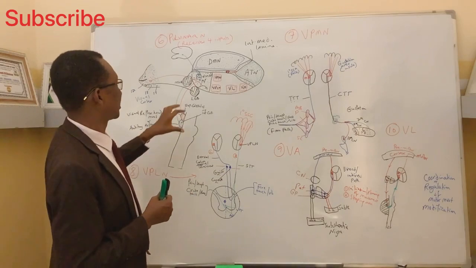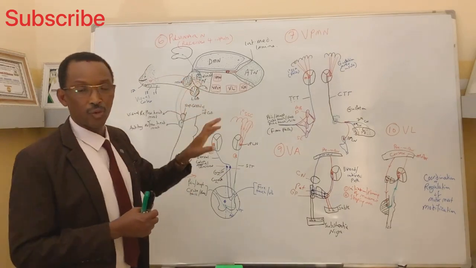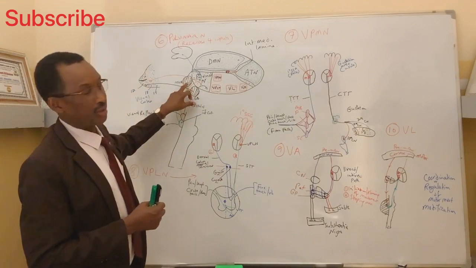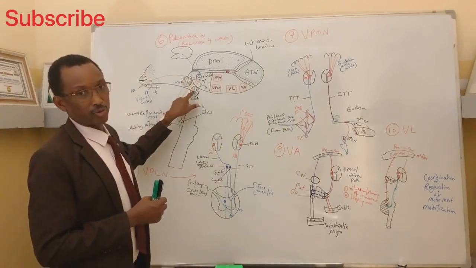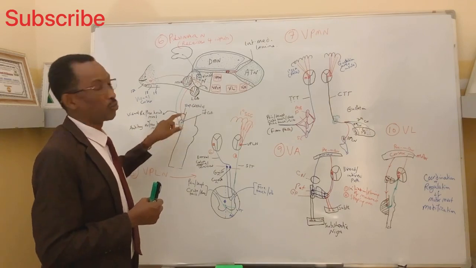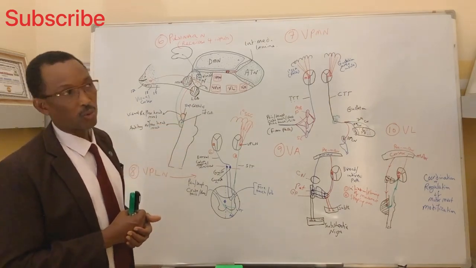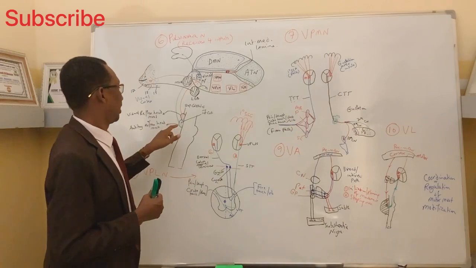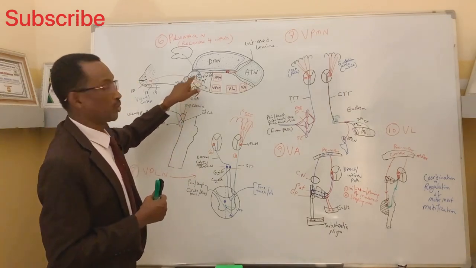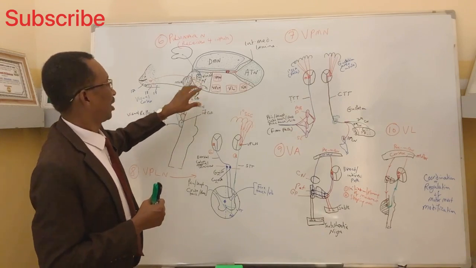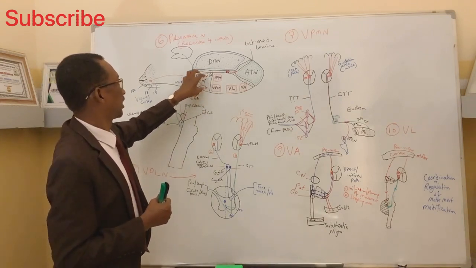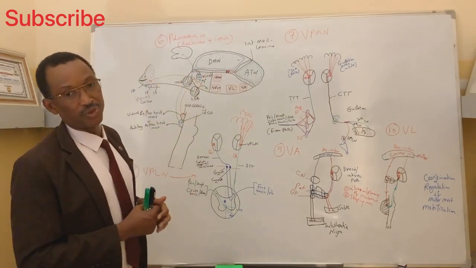So you can see that the Pulvinar receives 4 inputs. One from the medial geniculate body, the second from the lateral geniculate body, the third from the inferior colliculi, and the fourth from the superior colliculi. So the information with regard to vision or audition is taken to two different places.